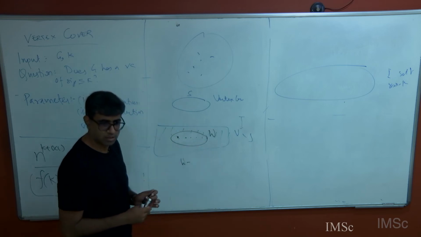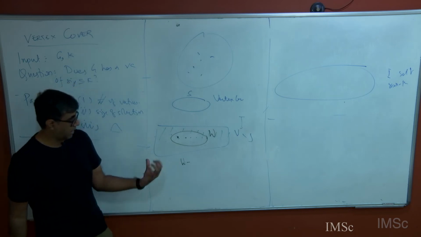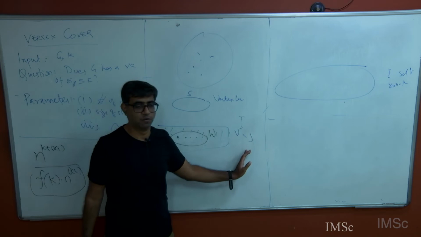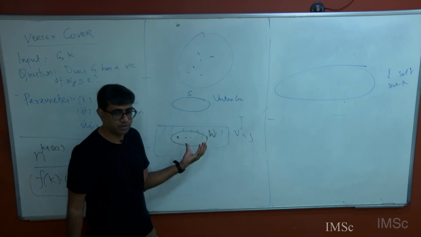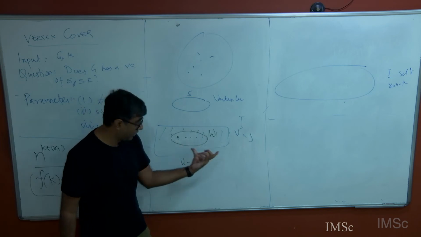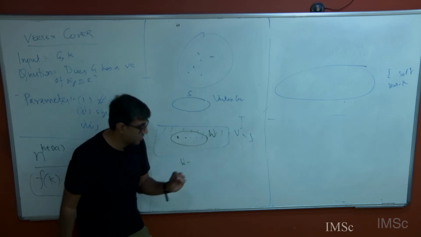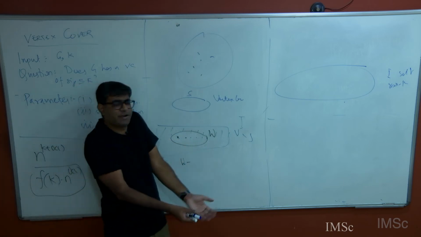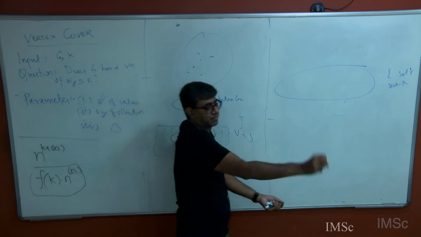You understand my question? I told you that if I gave you I, you knew what S was. But I am not willing to give you the whole of I. I can only give you some small subset. So now our question is, what is the smallest subset that we could get from this I that will help us construct S? If I know this, I say, look at these objects, this is your S.